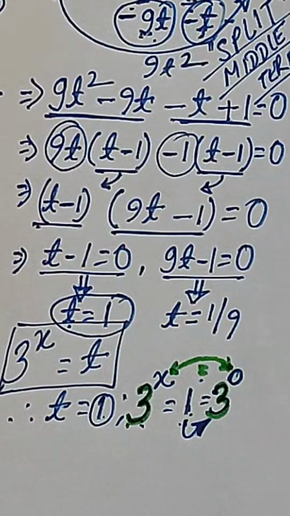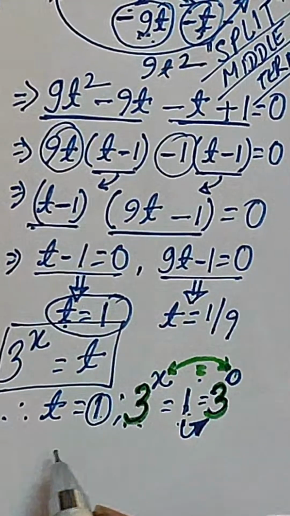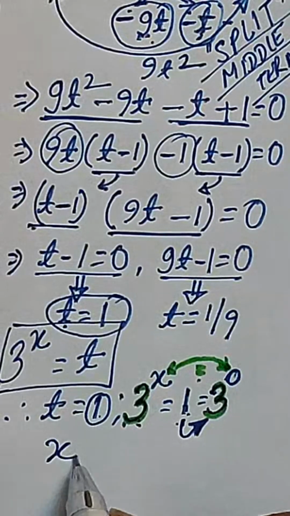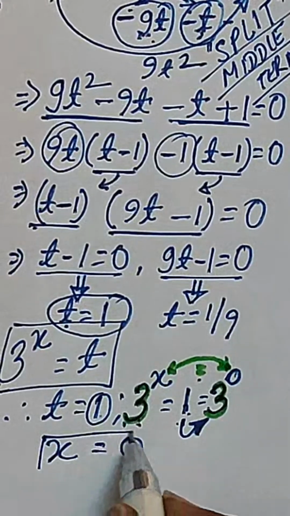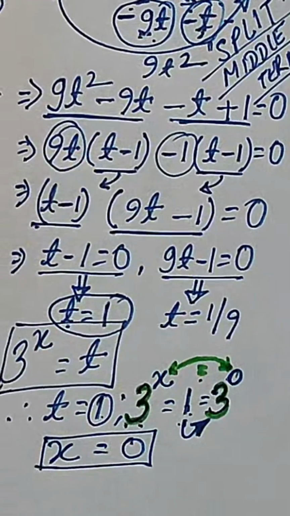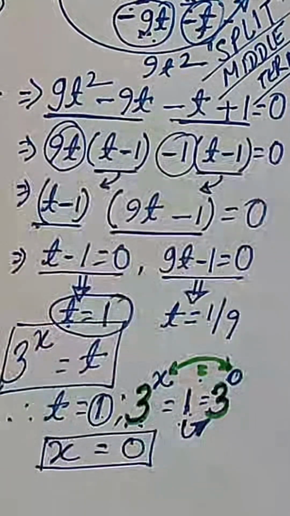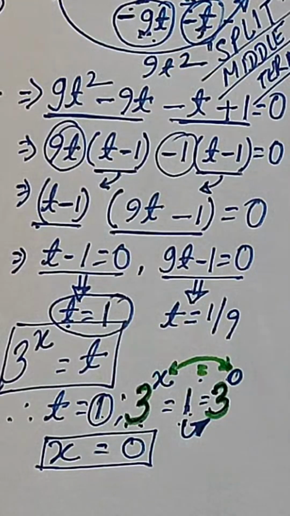So this will give you a value that, my dear friends, x is equal to 0. So one value of this quadratic equation is calculated, that is x is equal to, tell me, 0, right?